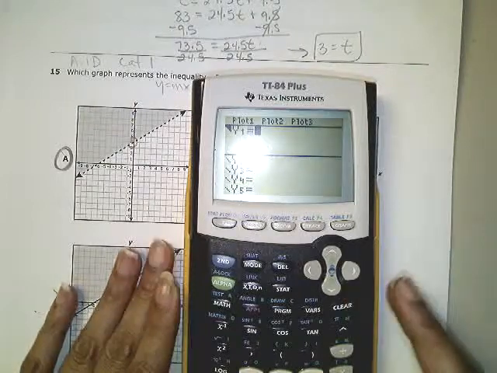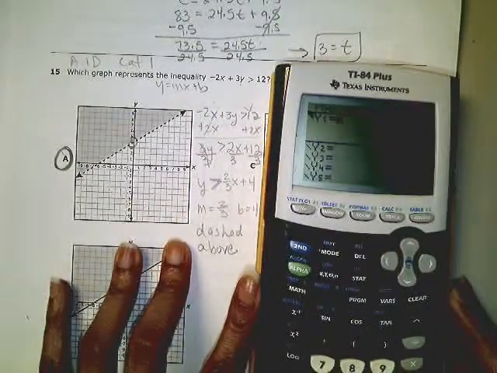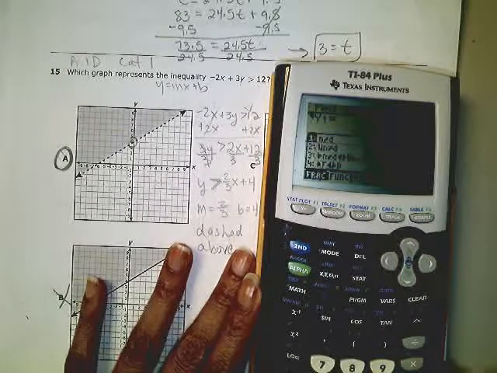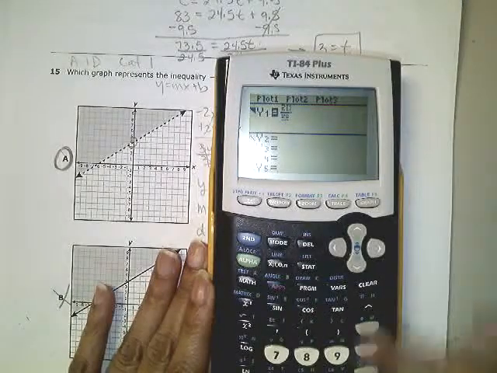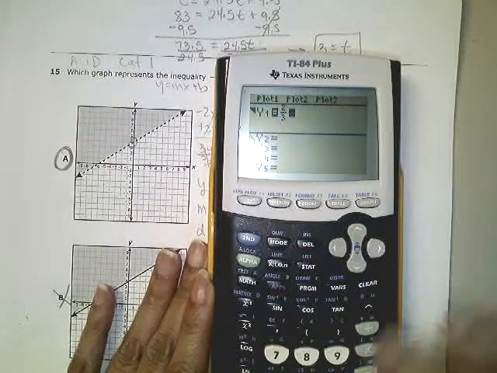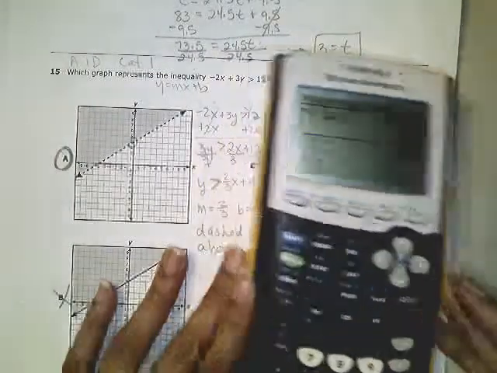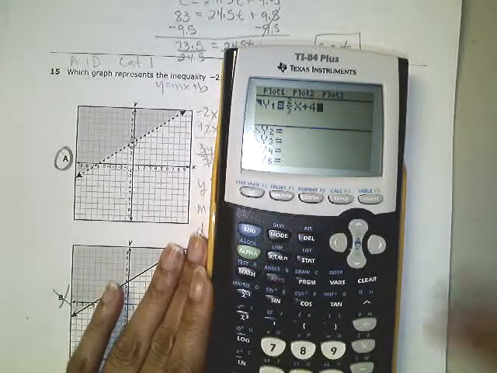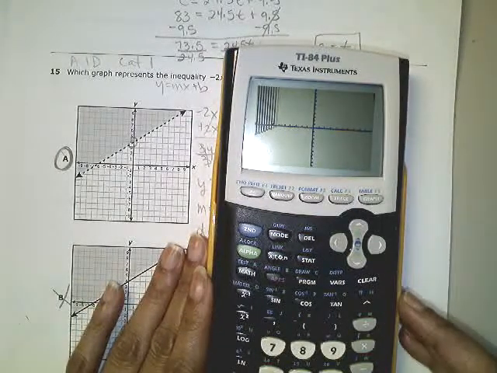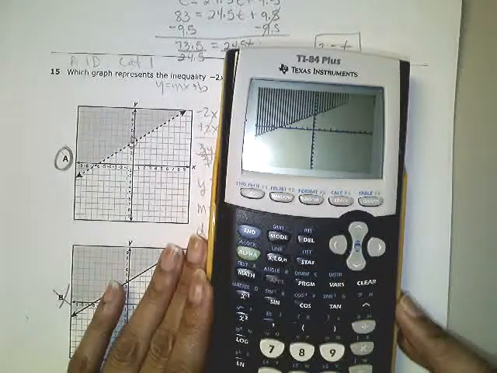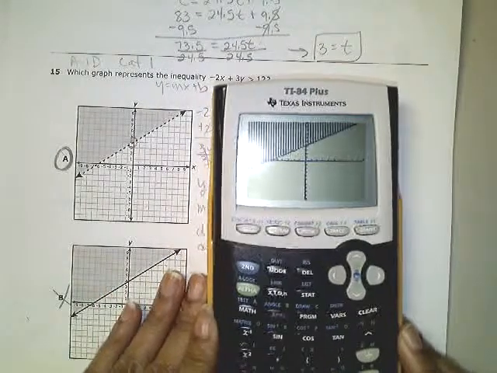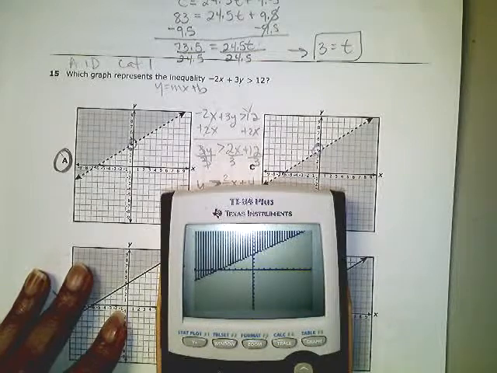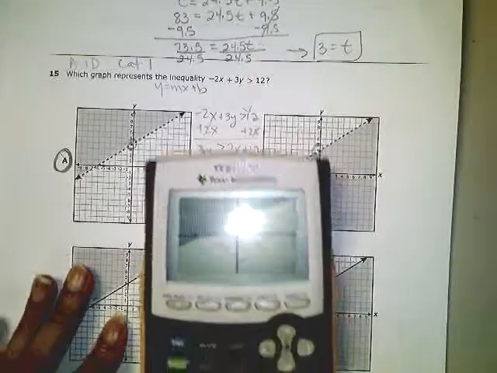Use your arrow to go back over, and this is 2/3 x, alpha, y equals, to get my fraction, 2, 3, x plus 4. And I'm just going to look at the graph, hit graph. And I know if I was down to A and C, I would know that A was my answer because it's shaded above.